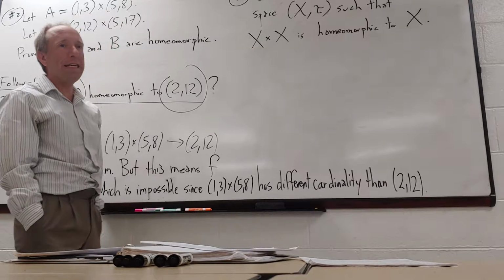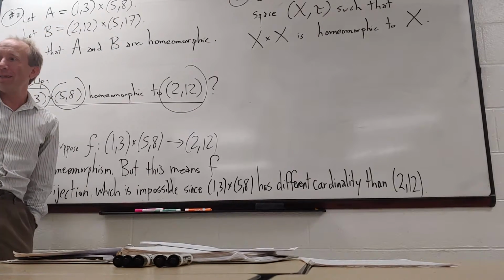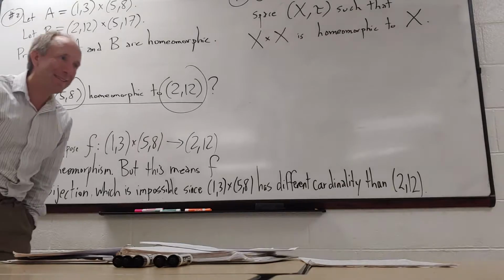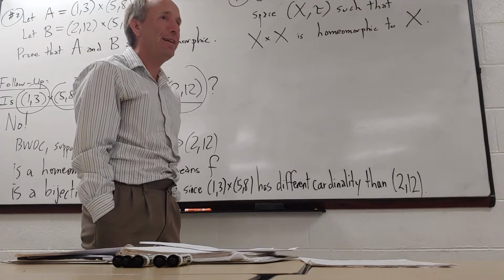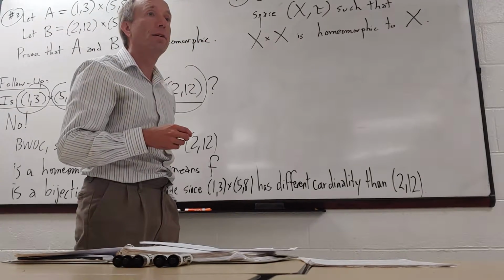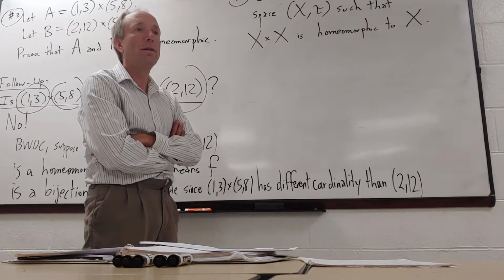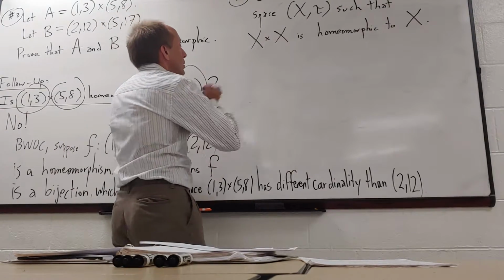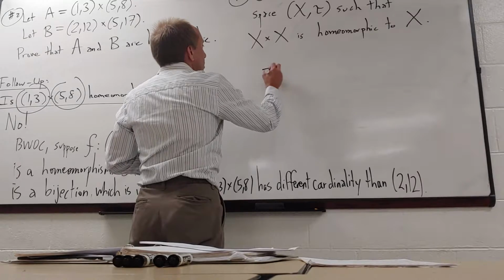This one has a really easy answer, but you have to think of the right thing to put together here. Do you think you know it already? Or do you have any comments about it? Yeah, I guess integer cross integer is homeomorphic to integer. Okay.